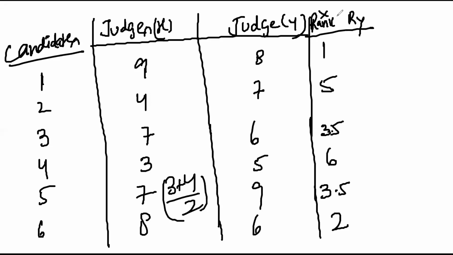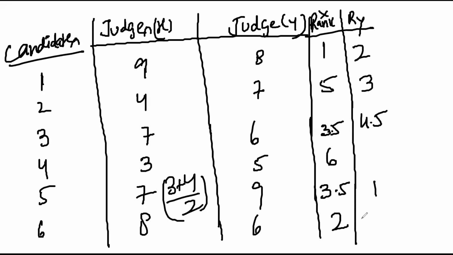For rank Y you can do the same. The highest, 9, gets 1, then 2, then 3, and 6 for 2 participants, so 4.5 here and 4.5 here, and the next is 6.